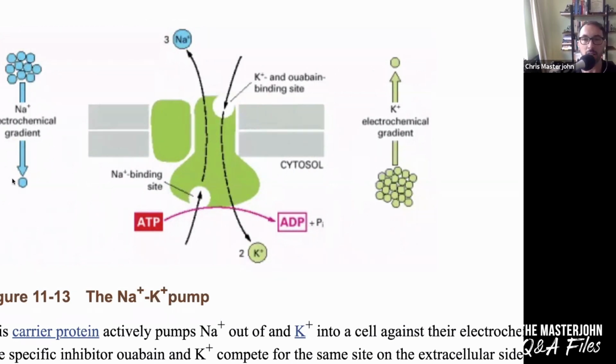Because the positive charge wants to mix with negative charges, if you have more positive than over here, and you have relatively negative charges over here, the positive charge will want to mix with the negative charges, in addition to the fact that the sodium that's concentrated in one place wants to maximally spread out. And so because sodium is both a chemical and a positive electrical charge, we call it an electrochemical gradient, because it's trying to satisfy both conditions of spreading out the positive charge and spreading out the sodium.